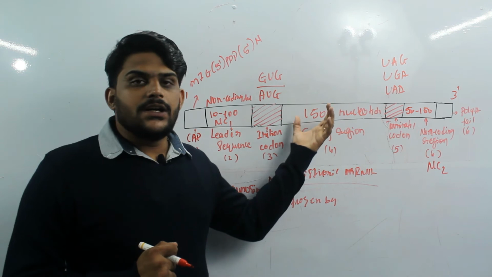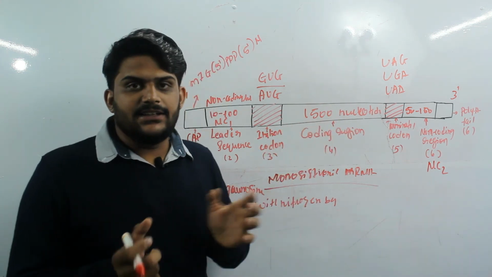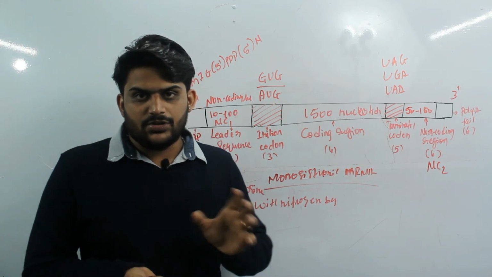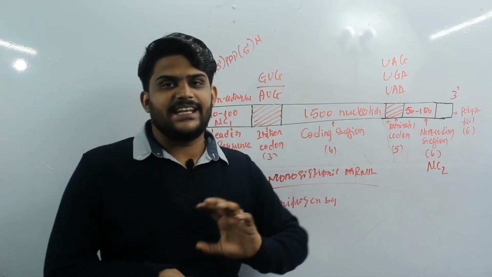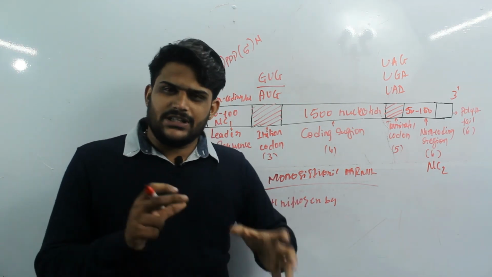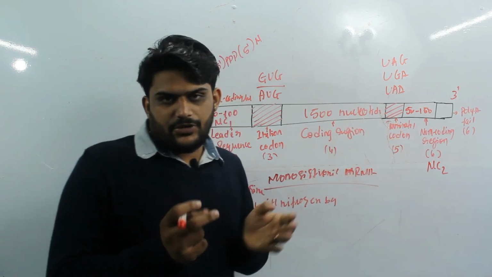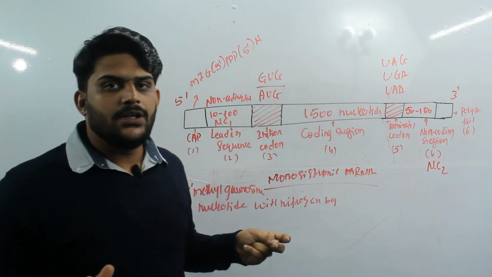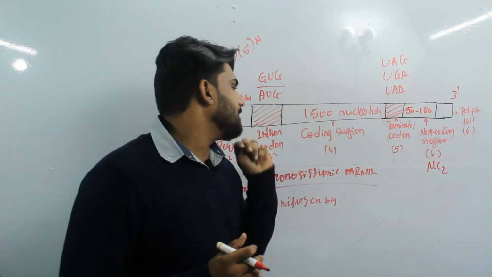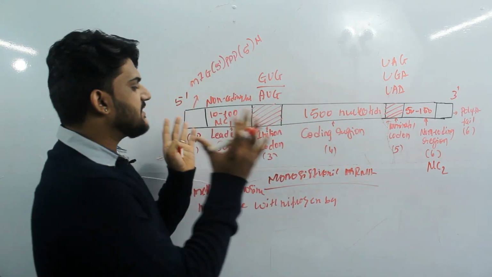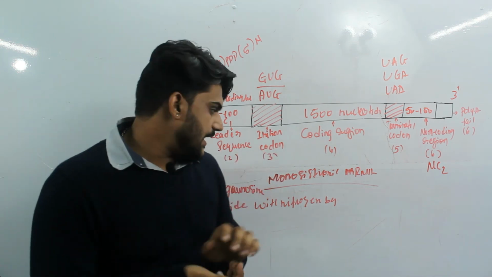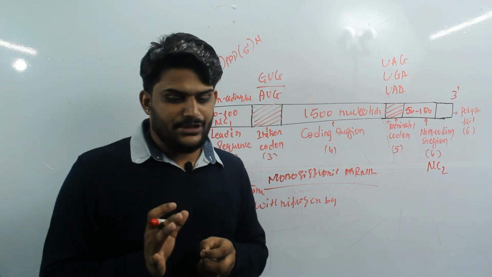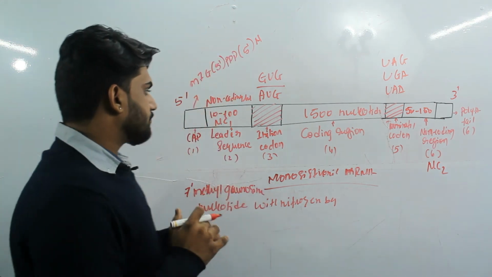All the nucleotides are in sets of three, known as codons, such as AUG, AAA, whatever the codon may be. For each protein, a particular set of codons is present on the coding region. This is the structure of monocistronic mRNA, which is also important for examination purposes.